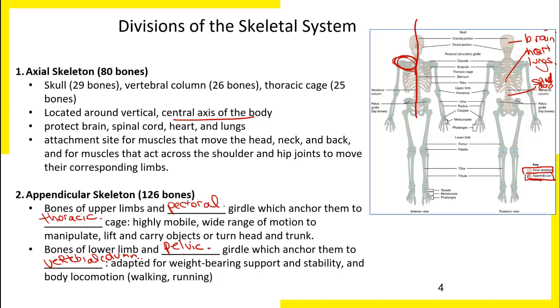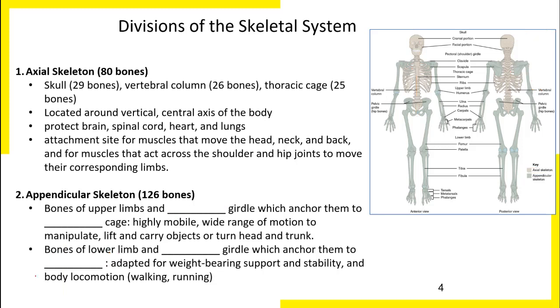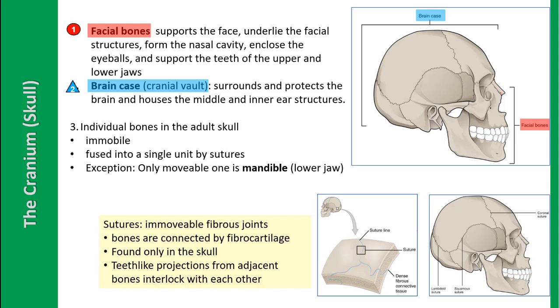Moving on, we're going to look at the three parts of the axial skeleton. We're going to look at the cranium, followed by the vertebral column, followed by the thoracic cage. The first one is the cranium or the skull. The cranium or the skull includes the cranial vault, cranial bones, as well as bones of the face or facial bones.